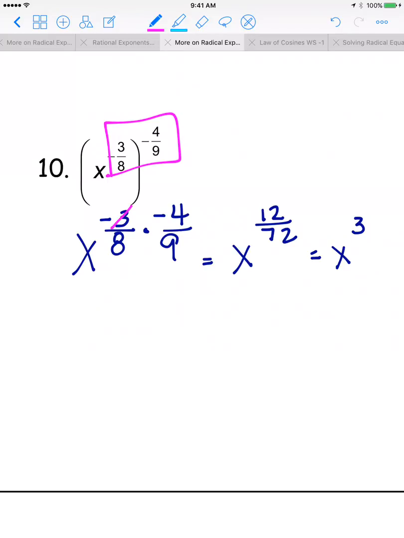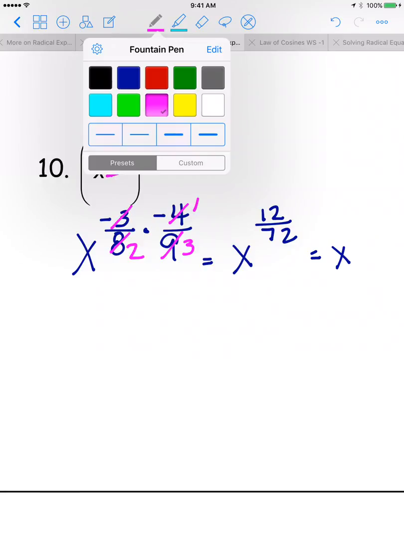So if I were to cancel it like this, you'd be left with 3. This would be 1. This would be 2. And it would be to the 6th. Not 3.